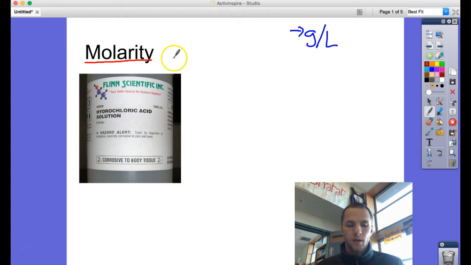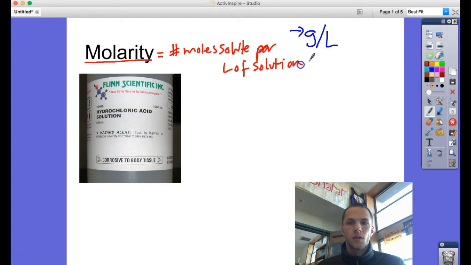Molarity. Okay? What molarity represents is the number of moles of solute per liter of solution. So what this means is, let's say you have a solution with a concentration of 3 capital M. The capital M is pronounced molar.